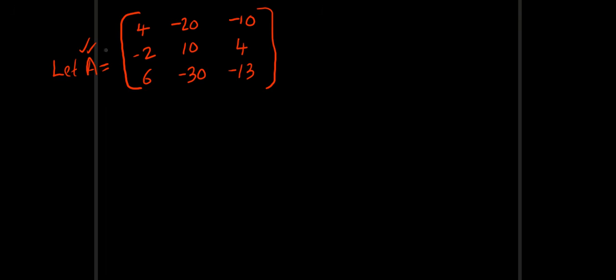So let's start. Now the next thing to do is we have to find the characteristic equation. And in the last video, I told a trick to find that determinant of A minus lambda I is equal to 0. It's very easy. All you have to do is look at the leading diagonal elements and subtract lambda.